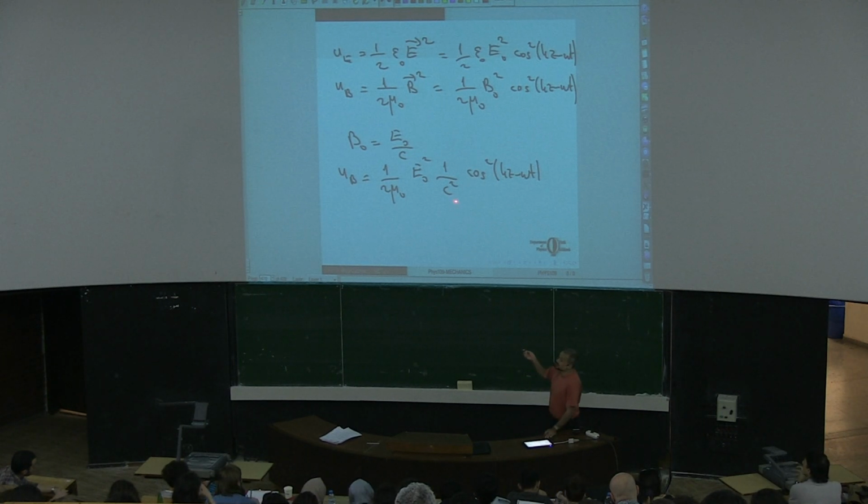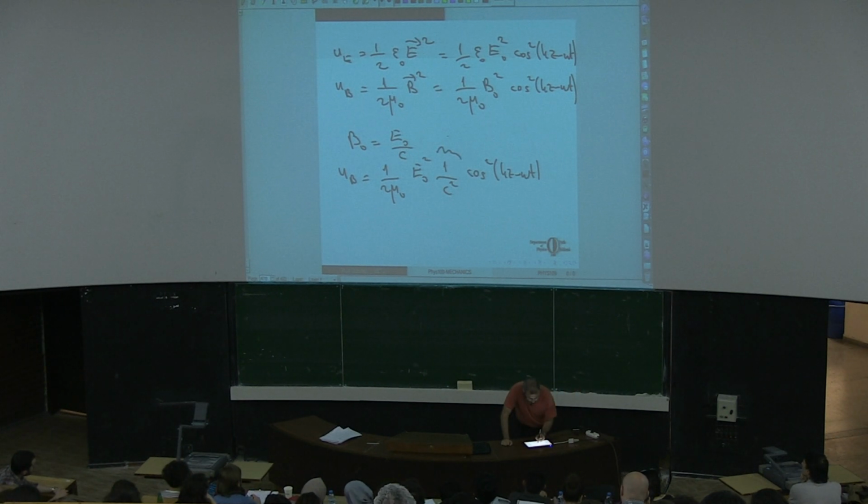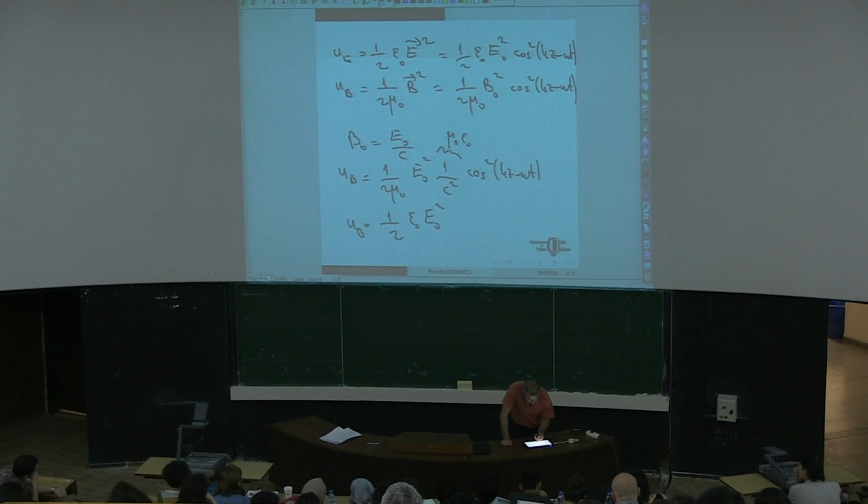But remember, this 1 over c squared is nothing but mu 0 epsilon 0. So the magnetic energy density is 1 over 2 epsilon 0 E0 squared cosine squared (kz minus omega t), which is nothing but the energy density stored in the electric field.